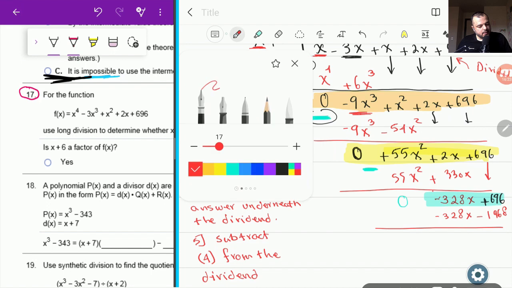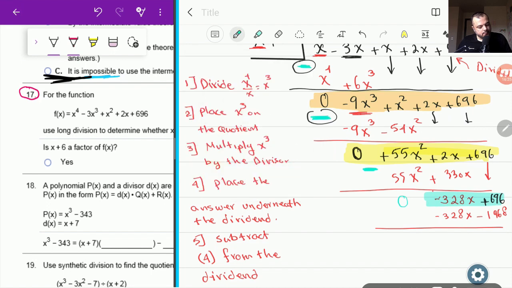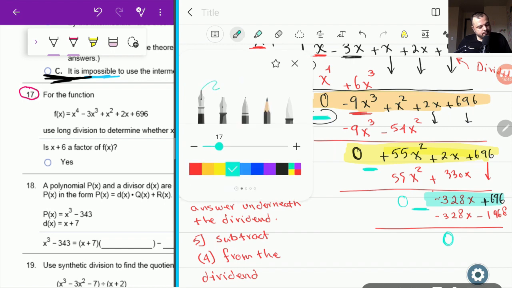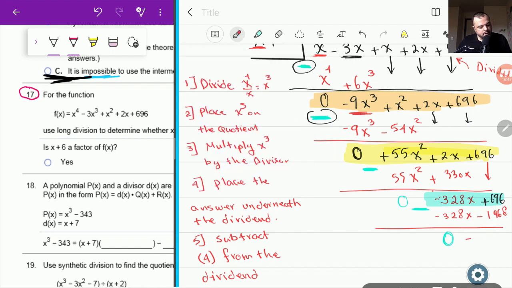Then big minus here. Negative 328 minus negative 328 is 0. Then the other one we are going to get a positive number, positive 2000.